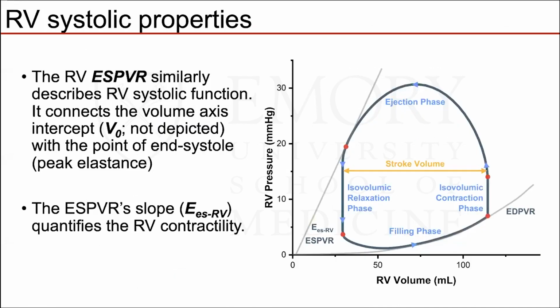RV systolic properties are determined by what is called the end systolic pressure volume relationship. It is obtained via a family of loops that you can create by altering the preload, either with an IVC balloon or Valsalva maneuvers, or even single beat measurements, which are also being done these days. The slope of this end systolic pressure volume relationship gives us RV elastance, which quantifies RV contractility.